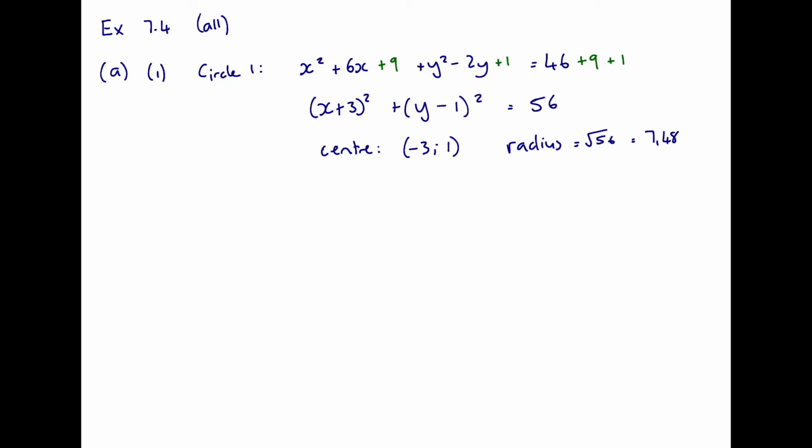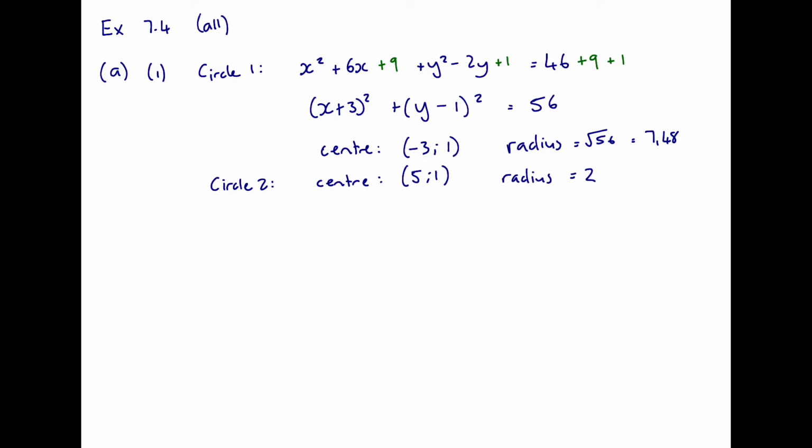Now on circle 2, which they've already factorized for us so we don't need to complete the square, the center is (5, 1) and the radius of circle 2 is 2 units, the square root of 4.